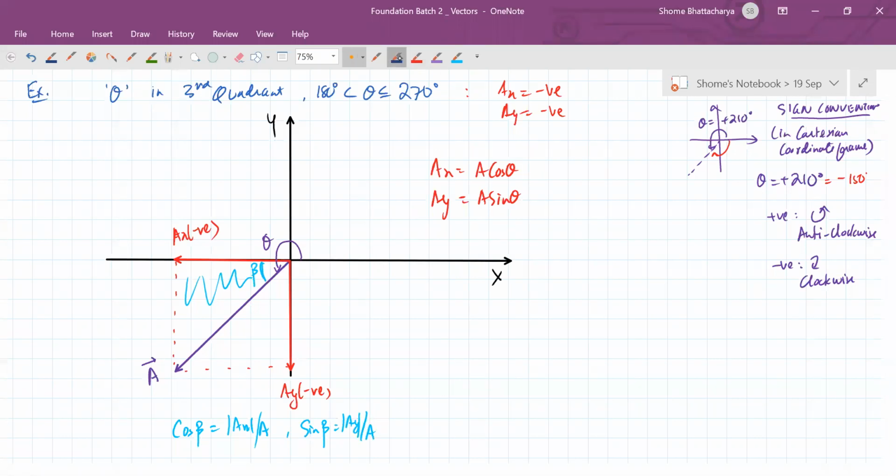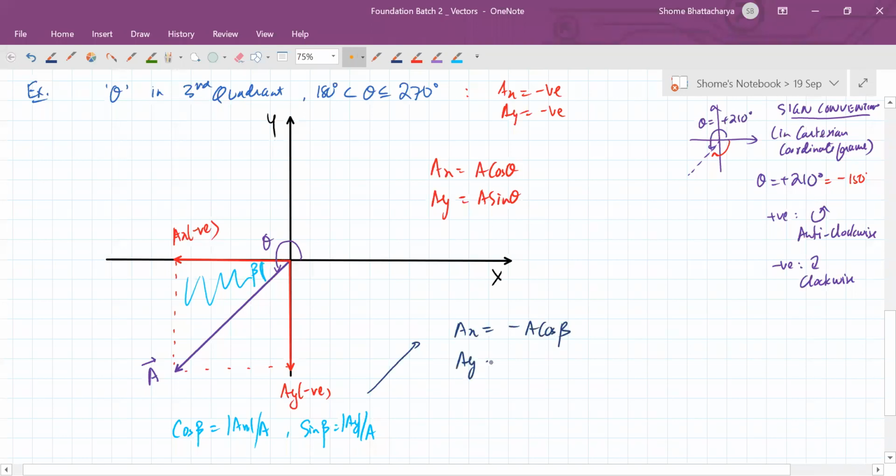Okay, so now since we know that ax and ay are negative quantities, this means that ax will become minus of a cos beta and ay will become minus of a sin beta, where from the diagram you can clearly see what beta is. Beta is theta minus 180 degrees. Now, this whole thing is theta, so beta is just that much minus 180 degrees.